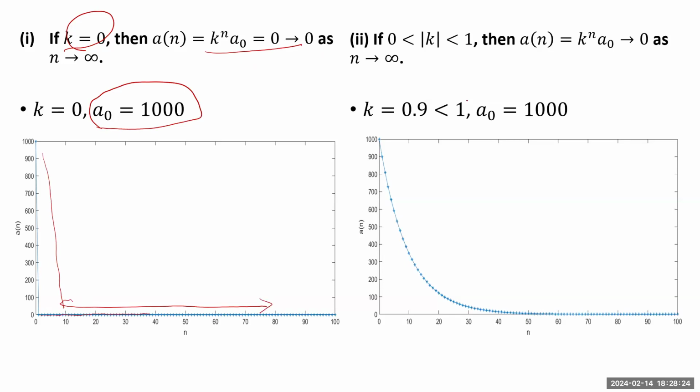And what about the k value? In the beginning, we discussed the values lying between 0 and 1. Then a of n is equal to k to the power of n. This value tends to 0 as n tends to infinity.